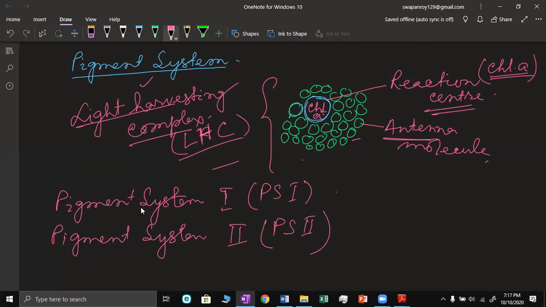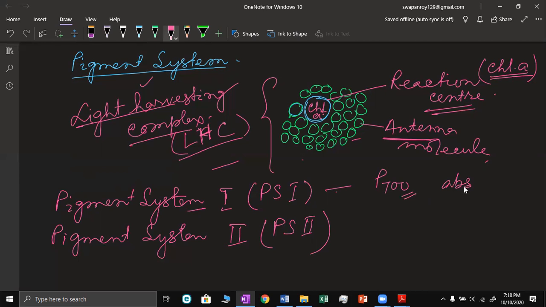In pigment system 1, the reaction center chlorophyll molecule is a special chlorophyll molecule, P700. It means the chlorophyll molecule absorbs light energy with maximum absorption at 700 nm.